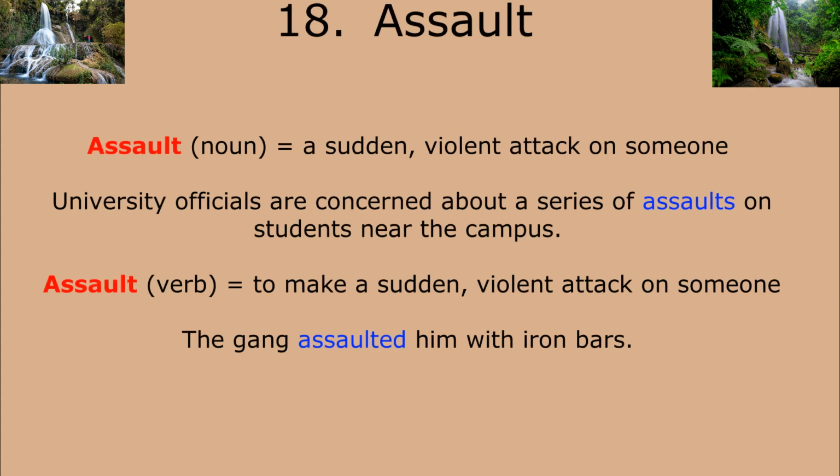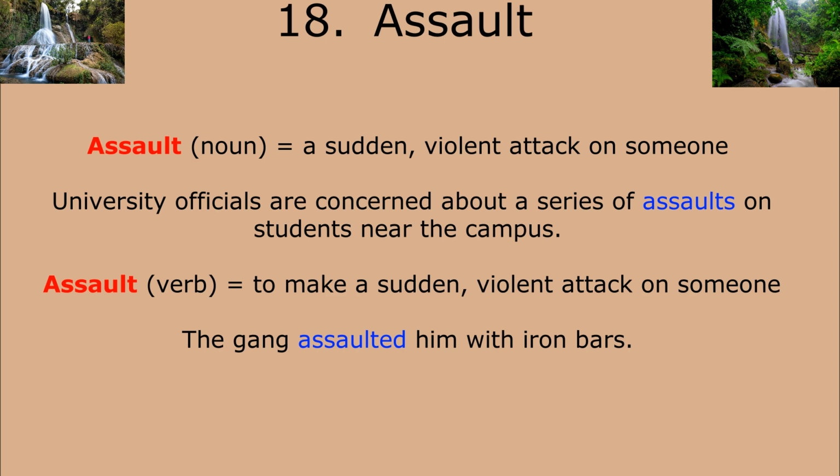Let's continue with our list of words. The word number 18 is the word assault. Assault is a sudden, violent attack on someone. For example, university officials are concerned about a series of assaults on students near the campus.